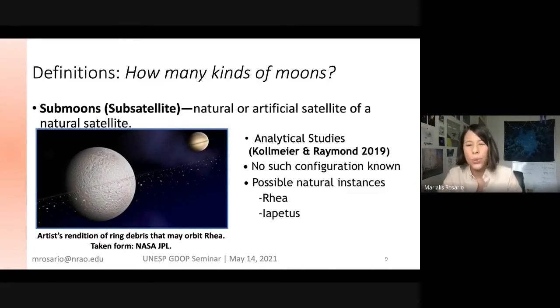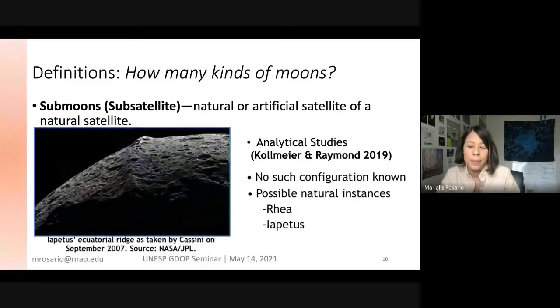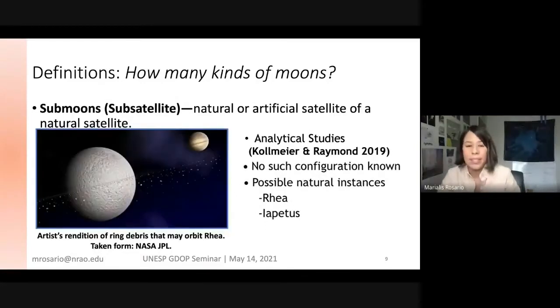There are two possible natural instances, with Rhea and Iapetus. With Rhea, it's been argued that the debris that orbits it is the product of the decomposition of a possible submoon that came too close, reached the Roche radius, and disintegrated. Now it's just that debris going around. So that's a possibility.